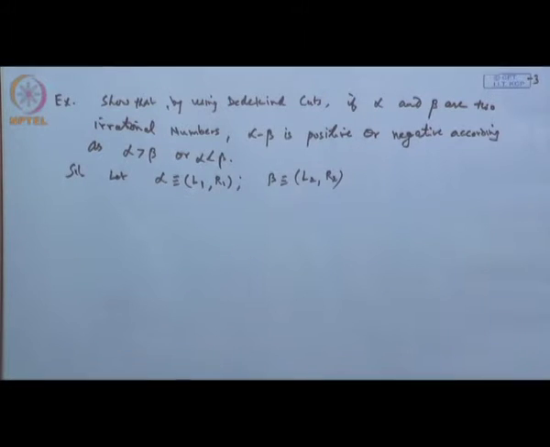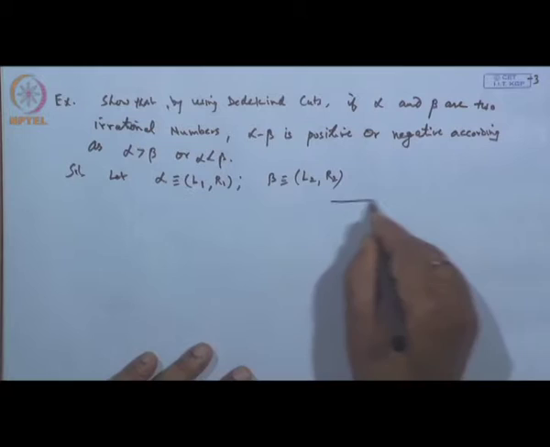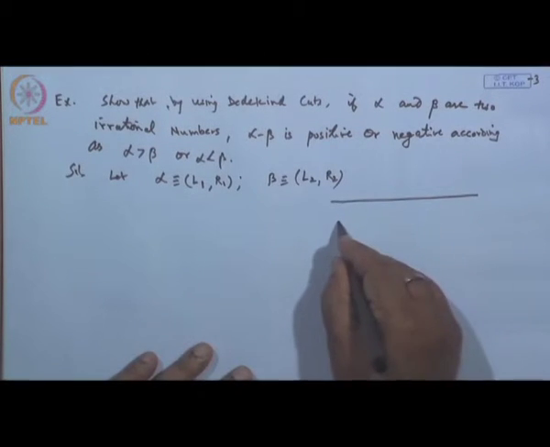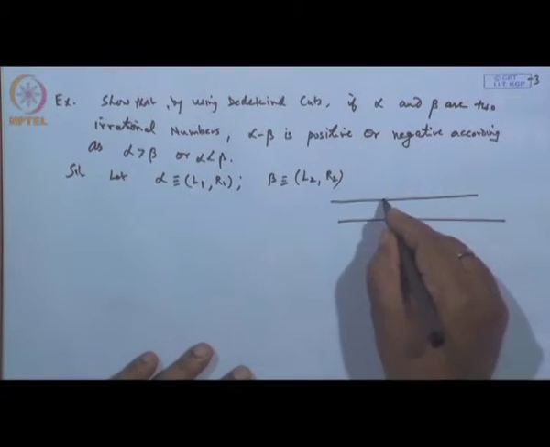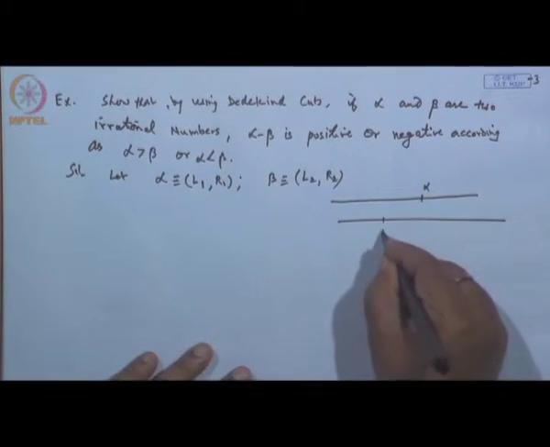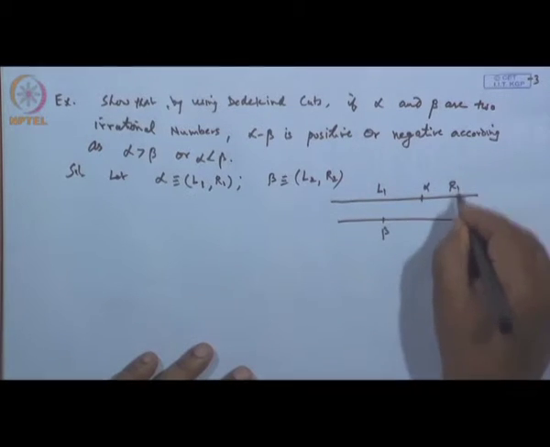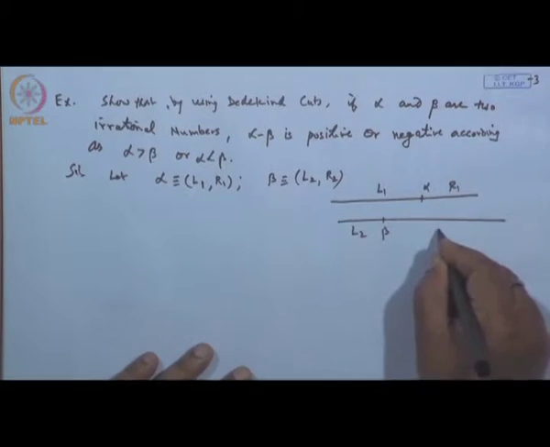Now, suppose alpha is greater than beta. So, alpha is here, beta is somewhere here. This is L 1, this is R 1, here this is L 2, here is R 2.